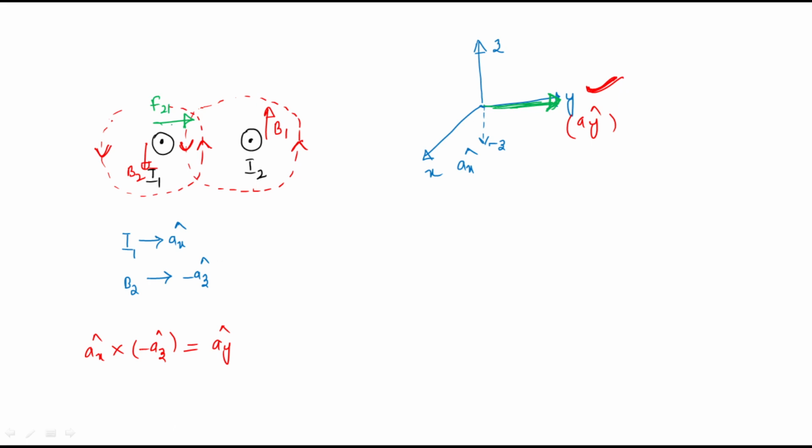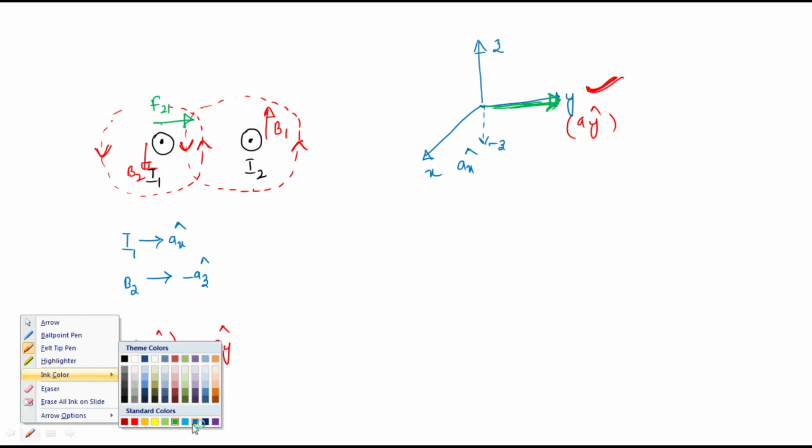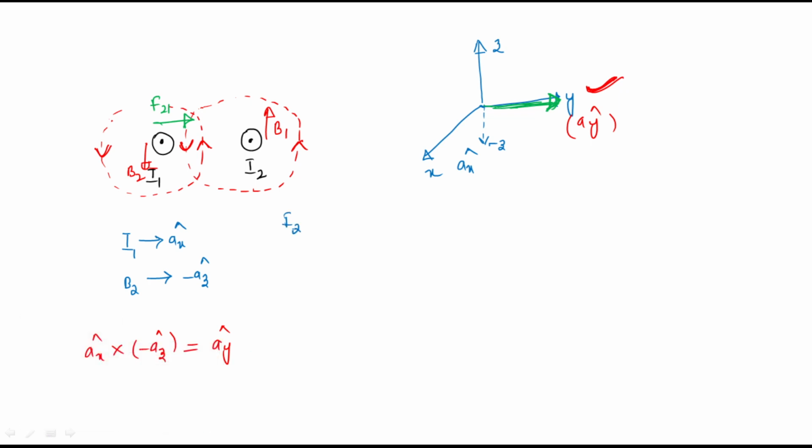So similarly, what about I2? I2 is out of the plane, right, which is nothing but ax cap, clear. What about B1, which is upward direction? Upward direction is nothing but az cap.